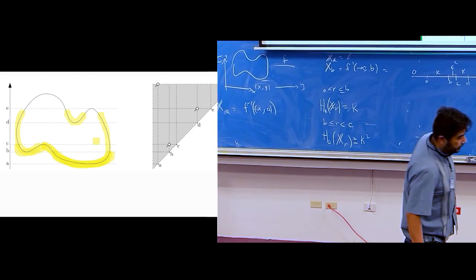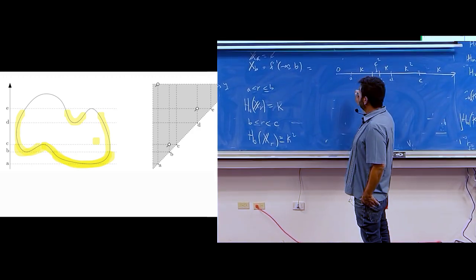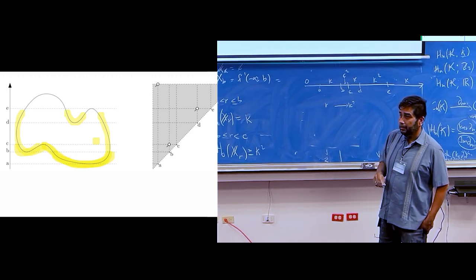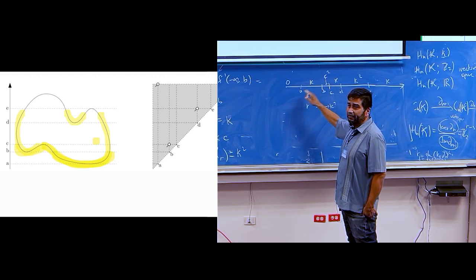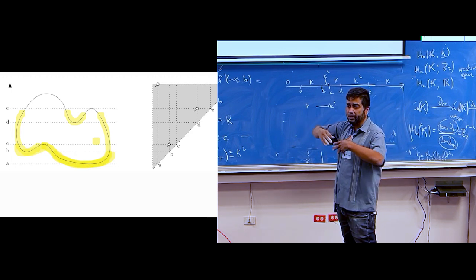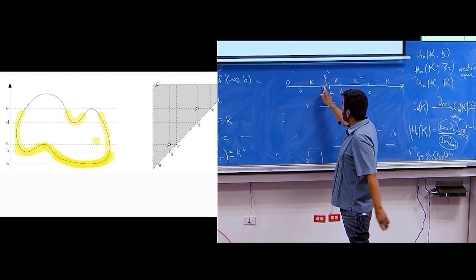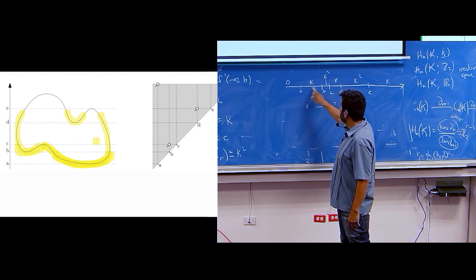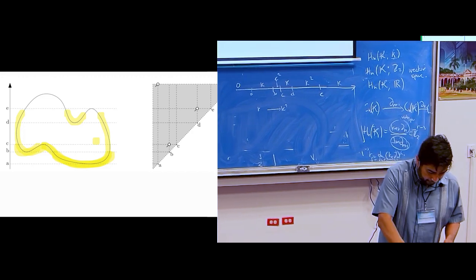And how are the maps going to go for these things? From K to K squared, what kind of map do you have? Between two in the middle, you will always have the identity, because it's basically the same components, just a little bit longer. But what happens at the transitions?